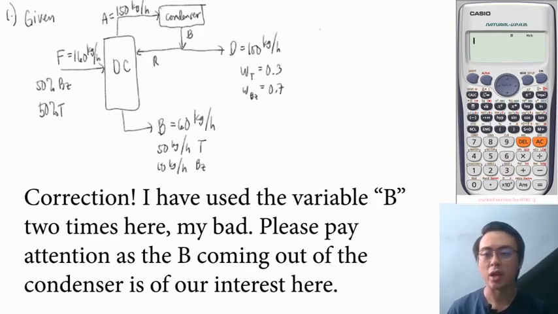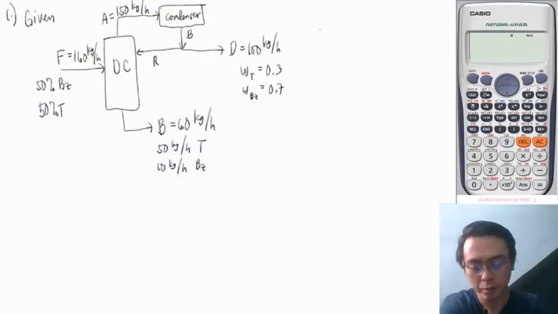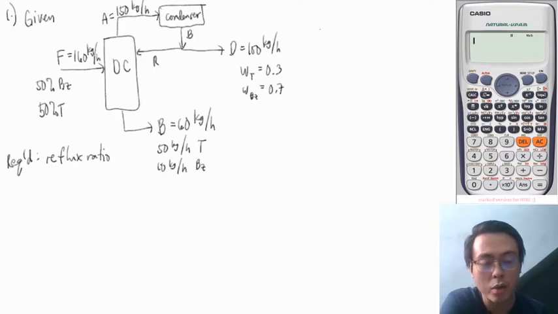So let's take a look at our required. We are required to determine the reflux ratio. The reflux ratio here is the amount recycled per amount of distillates. Reflux ratio: the amount recycled over the amount of distillates.